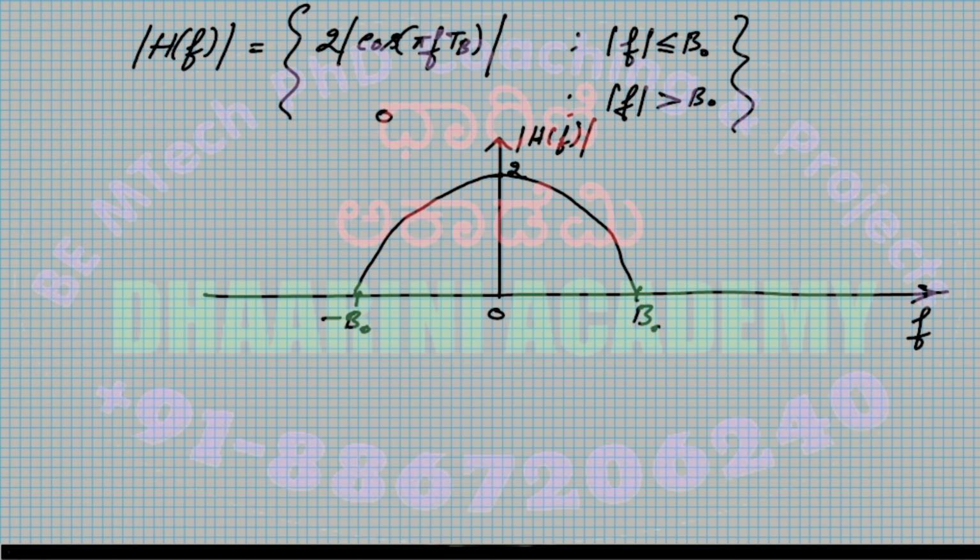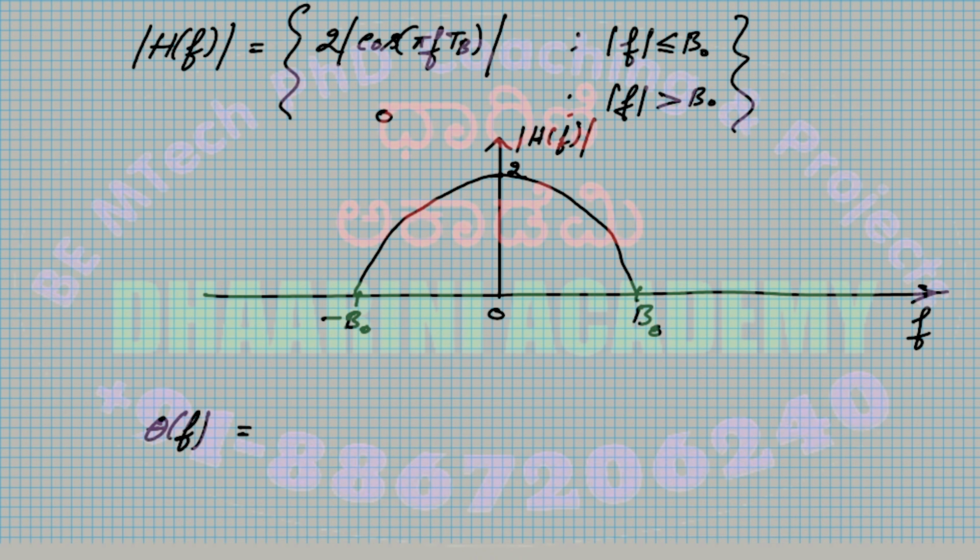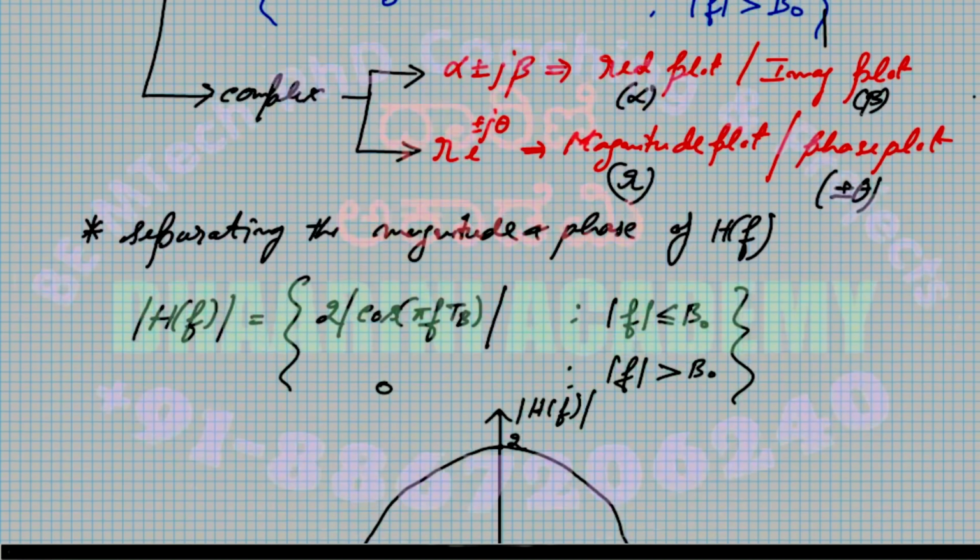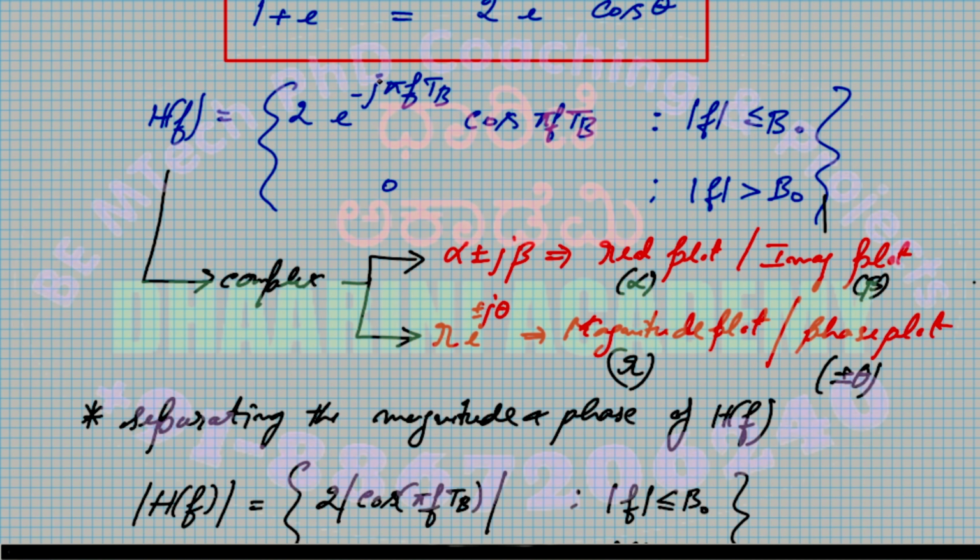Are you okay? So this is the magnitude response of the frequency. At different frequencies, I get something like this. At the same time, now let me go for the phase. Phase is denoted by theta of f. At what frequency, what is the theta value? I need to identify the theta by looking at this. If you remove the j from your equation, whatever remains is the theta.